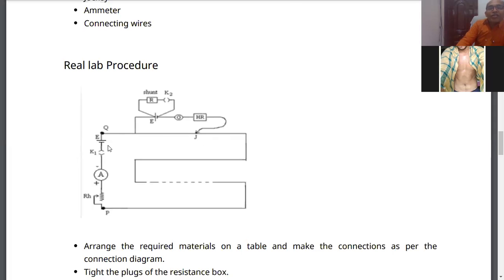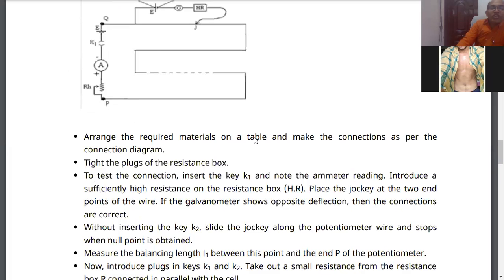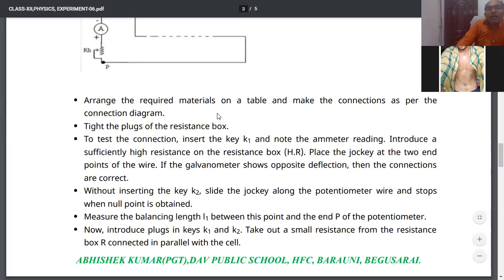Now we check: if the jockey key is placed at this point P and at this point Q, and if you see the galvanometer deflect in opposite directions, then you must understand that the connection is accurate and right. Arrange the required material on the table and make the connection as per the connection diagram.